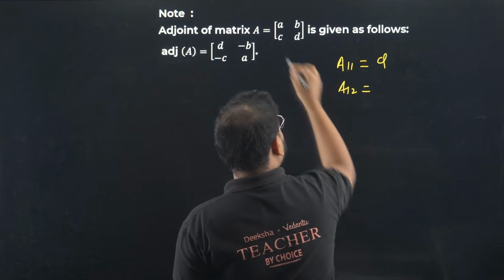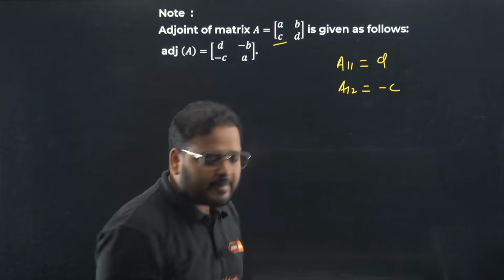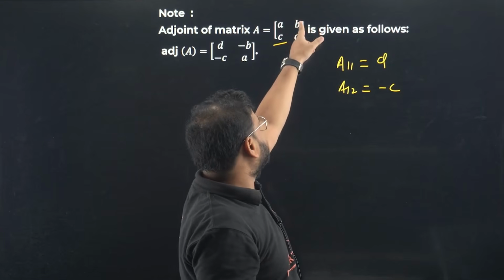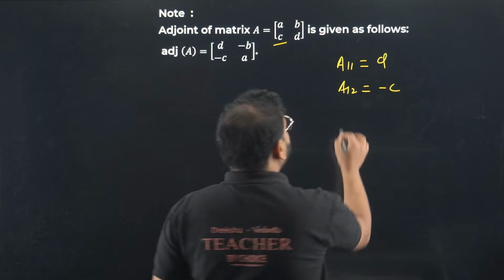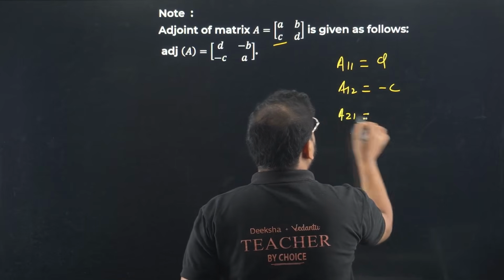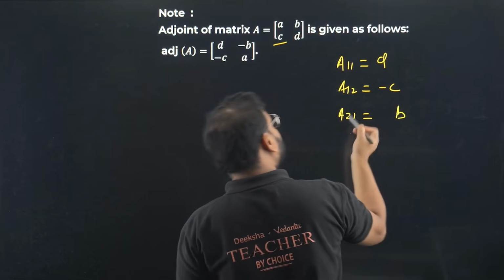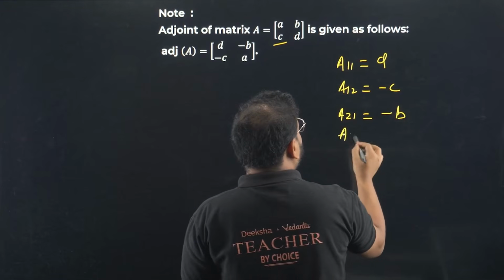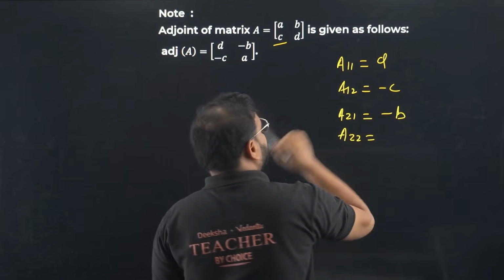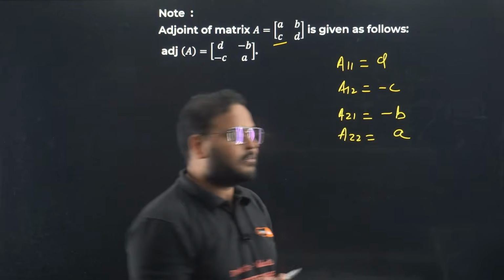A12 will be minus C, because for A12 the minor is C, and 1 plus 2 is odd, hence minus C. A21: the minor is B, but 2 plus 1 is odd, hence minus B. And last is A22: you'll have only A, because 2 plus 2 is 4, which is even, so A is correct.